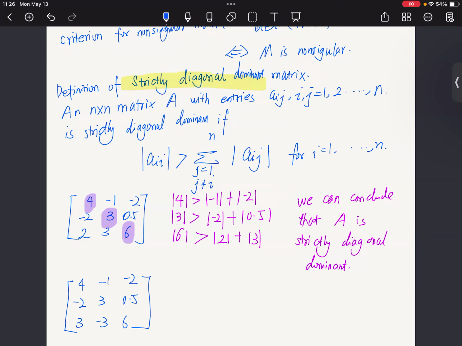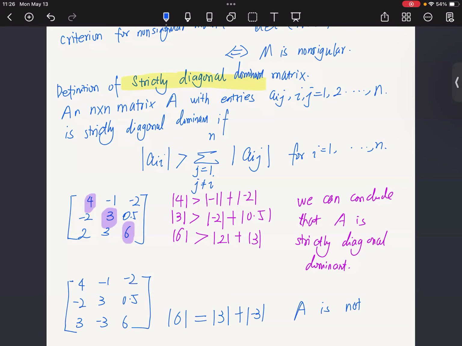It's not, because in the last row we have the 6, but we need to be very careful here and put the absolute value sign on the other elements in the same row. Here the 6, the diagonal element, equals the sum of the absolute values of the rest of the elements. So A is not a strictly diagonal dominant matrix here.